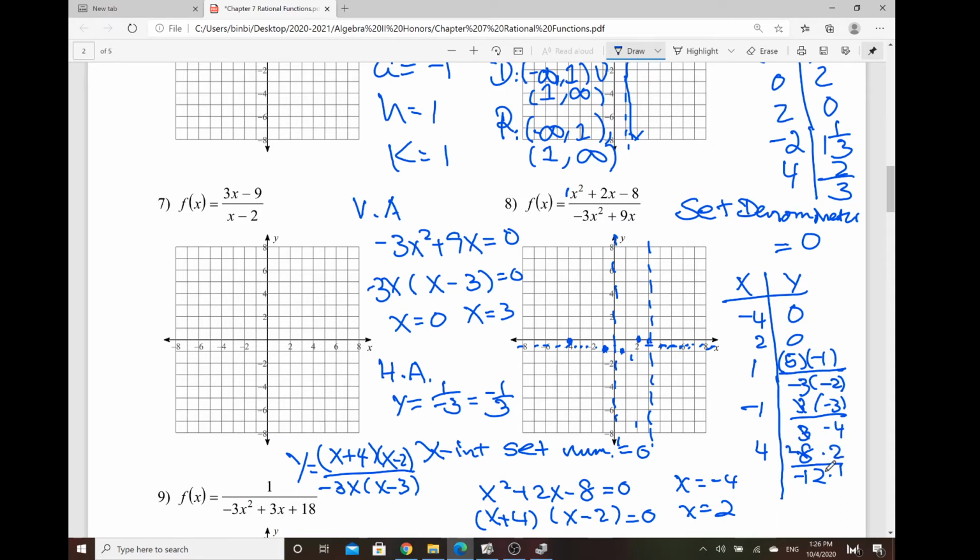This one turns out to be 2, this one turns out to be negative 3. So it's 4 over negative 3, that's negative 1 and 1/3. That's somewhere over here.